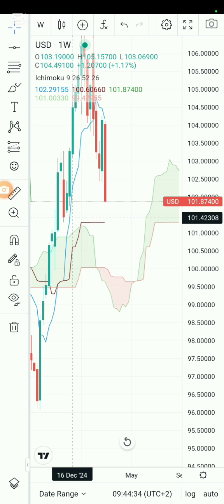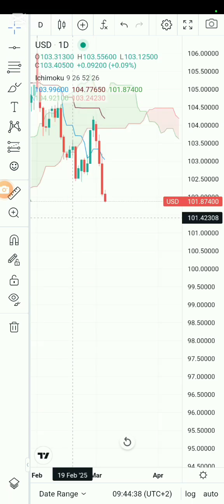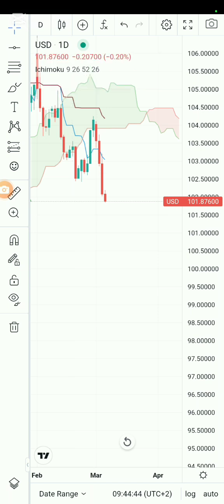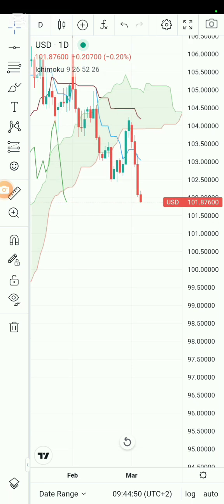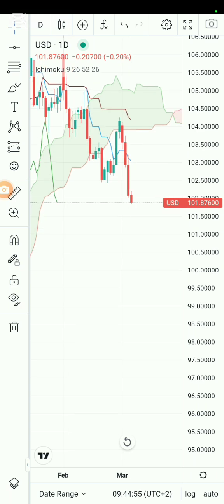However, if you compare this to the euro, it has already reached a resistance level. So what's left is for us to actually check and compare what the currency pair of these two currencies looks like, and if there's any trading opportunities based on the information that we have right now.